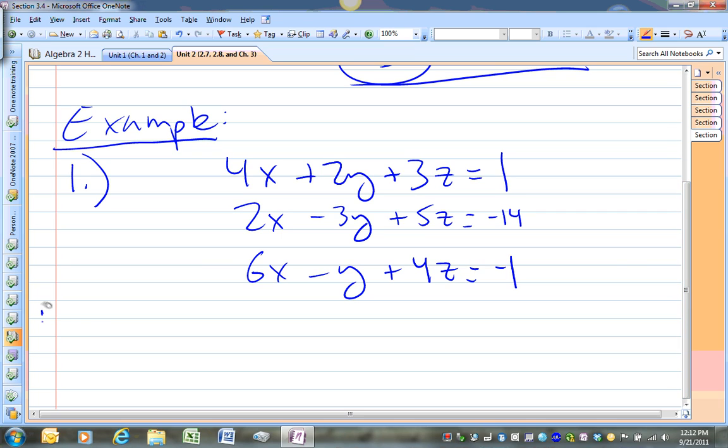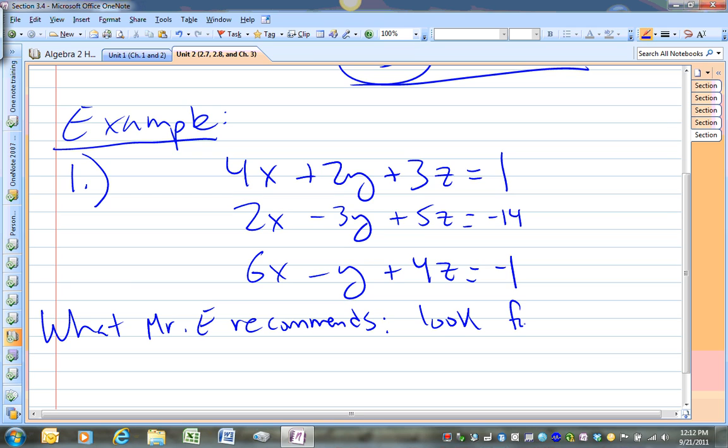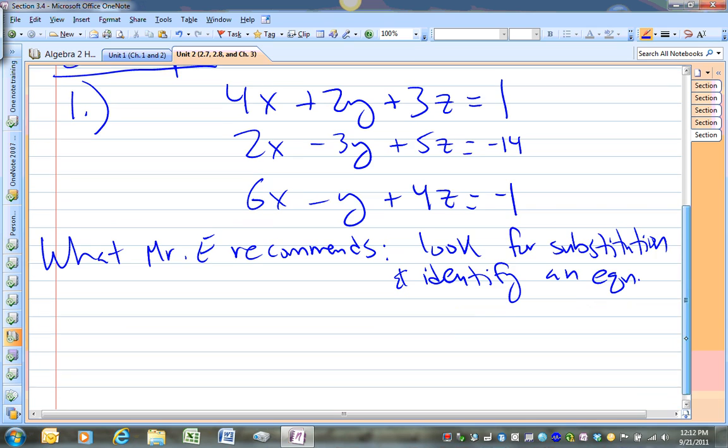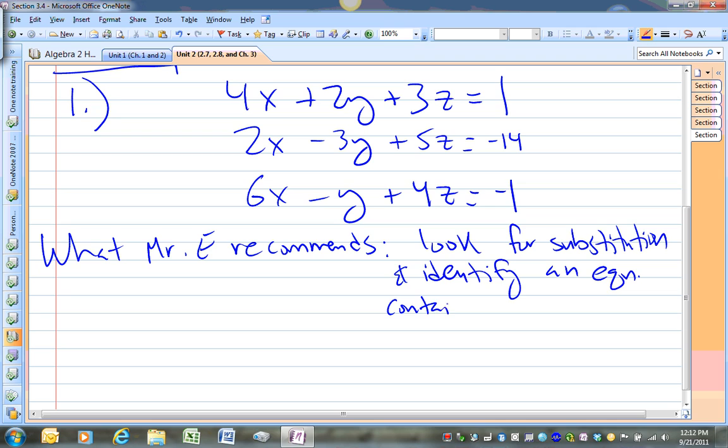But what Mr. E recommends: look for substitution, and identify an equation containing a variable with coefficient of 1 or negative 1.